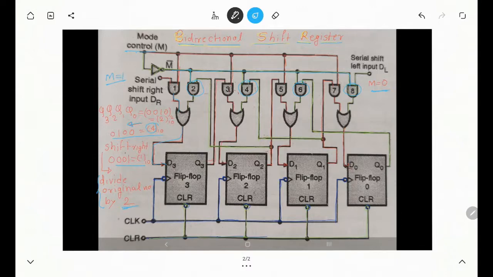Therefore the data at this D shifts left, and the data which is available gets shifted towards the left on application of the clock pulse.